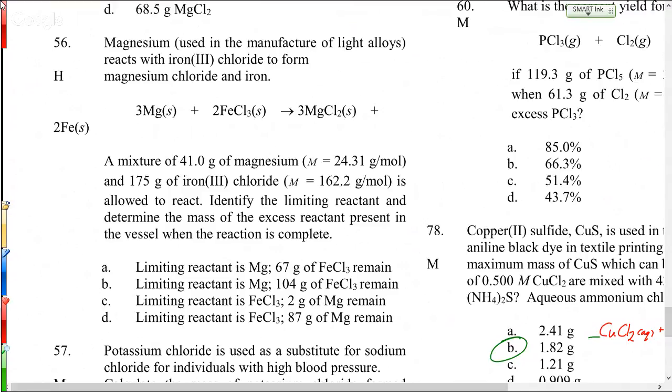Okay, so if this is how much you're using, you use this much of the other one, and if you use this much of this one, you use this much of the other one. So that's more than that. So how much is just the difference between this and how much you actually use.